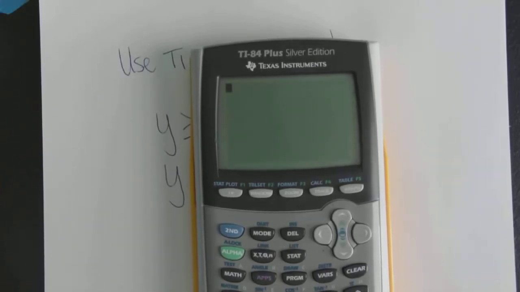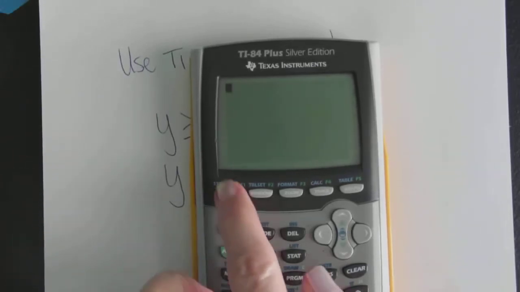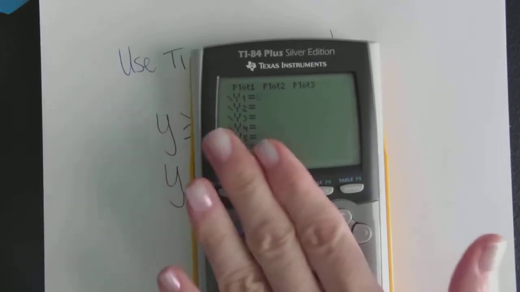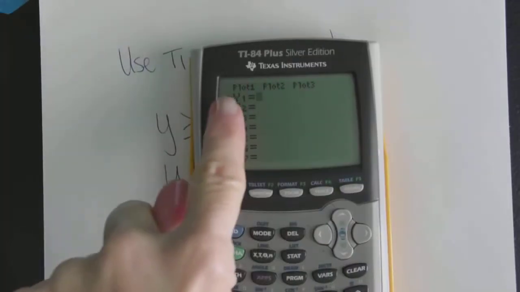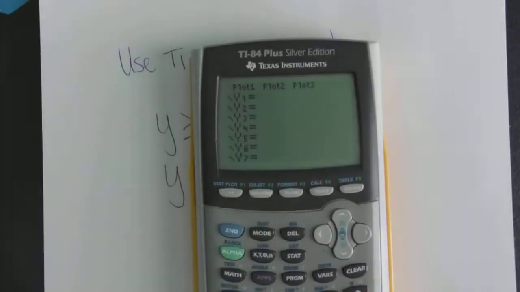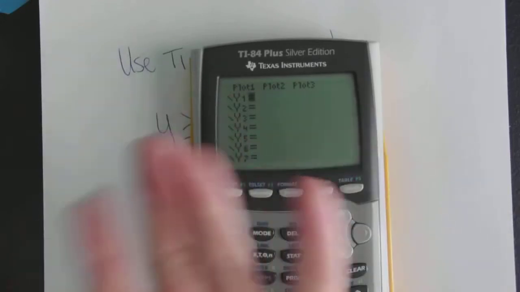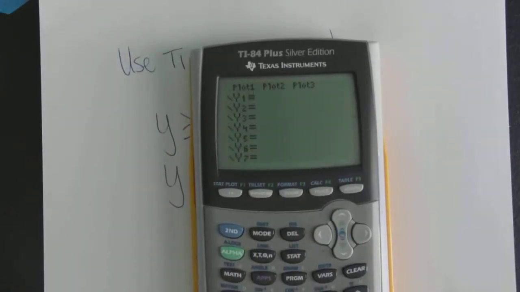So the first thing I want you to do is go to Y equals, and I want you to clear everything out. I want a clean slate there, because we're going to be doing something that's going to enable us to change these equal signs to inequality symbols. Right now, if you hover over the equal sign, it's an equal sign.